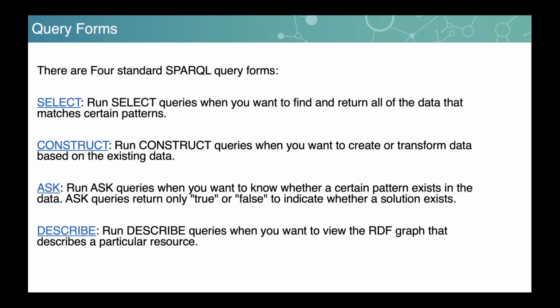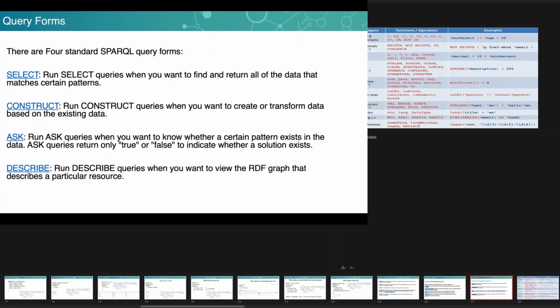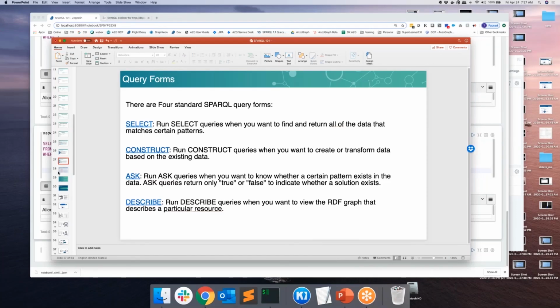And describe is the last form of query that you can run, which will basically print out additional information about the individual subject that you've passed to the describe. All these are documented in our online documentation, so I encourage you to go and check that out.